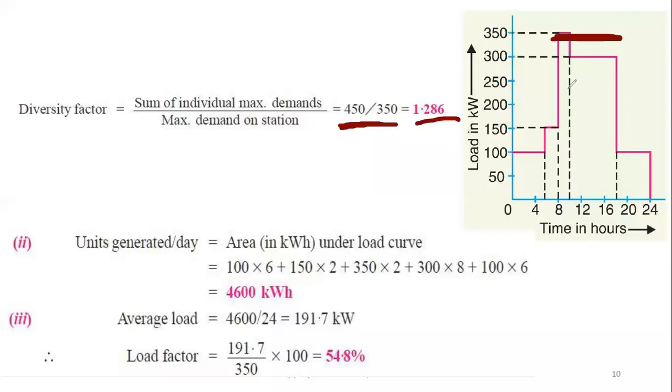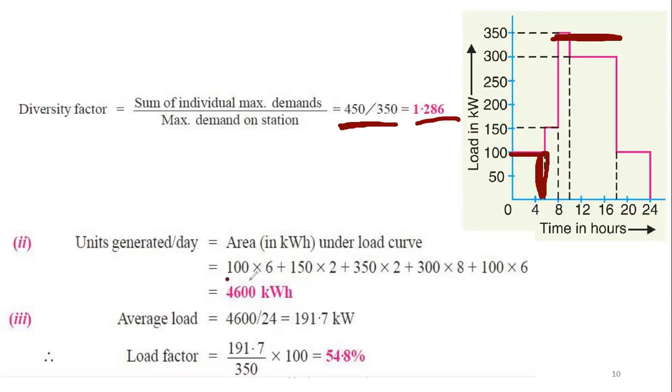so next, the units generated per day. In the previous example we have already shown how to find that, using rectangles. That means 100 into 6 for the first rectangle. Then 150 into 2, sorry, not 4, it will be 2.